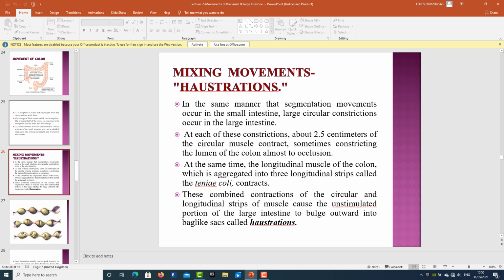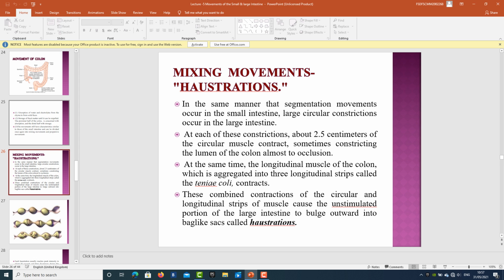So, what are these mixing movements, given the name of haustrations? In the same manner as the segmentation movements occur in the small gut, larger circular constrictions occur in the large gut. At each of these constrictions, about 2.5 centimeters of circular muscle contracts, sometimes constricting the lumen of the colon almost to occlusion.